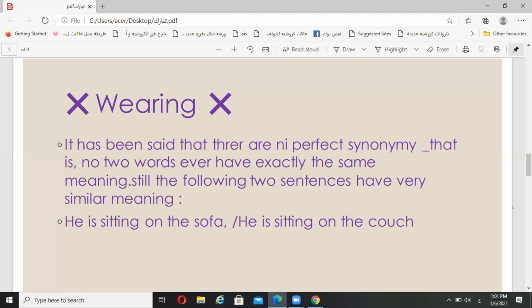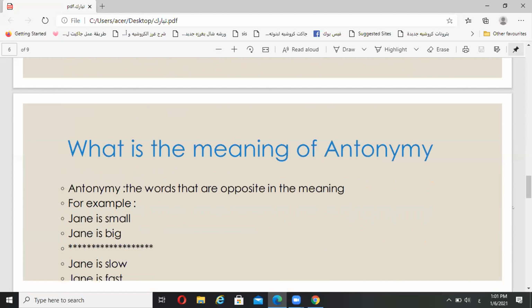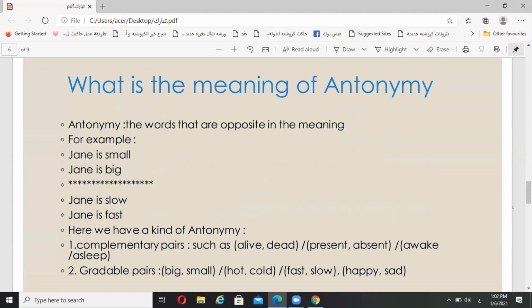Yes, doctor. We know that sofa differs in shape from couch. Yes. Please, Malak, the next one. So you have something to say, Qais? Yes, doctor, something about sofa and couch. I think in America they use couch a little bit more than sofa, and in Britain they use sofa.